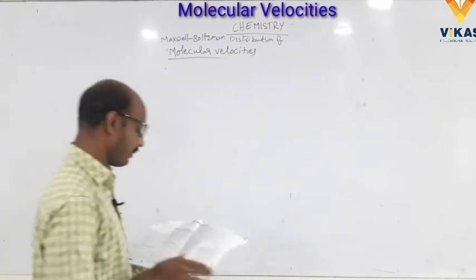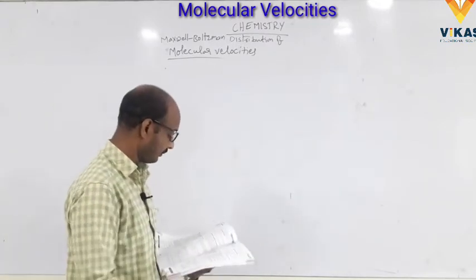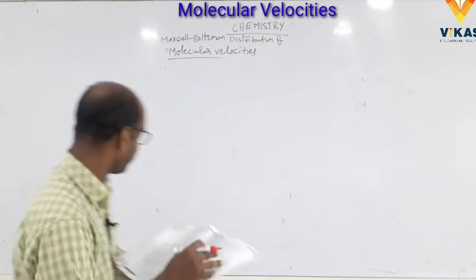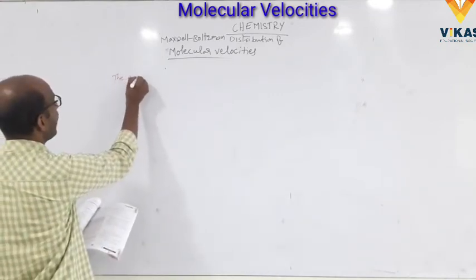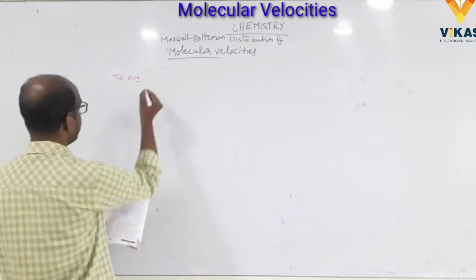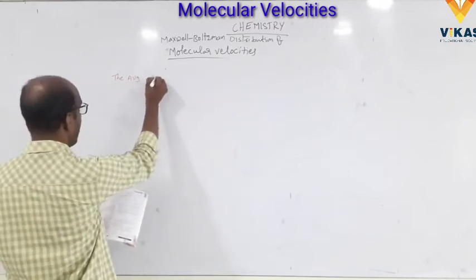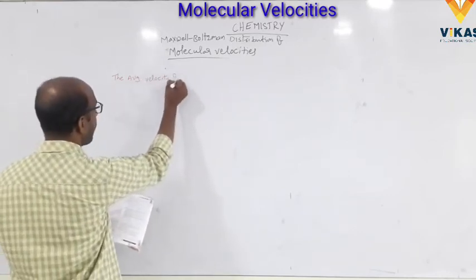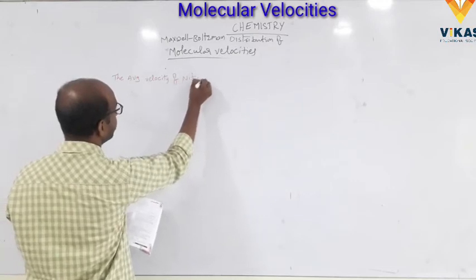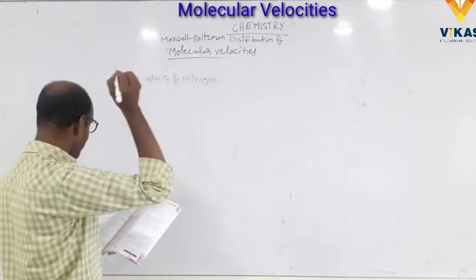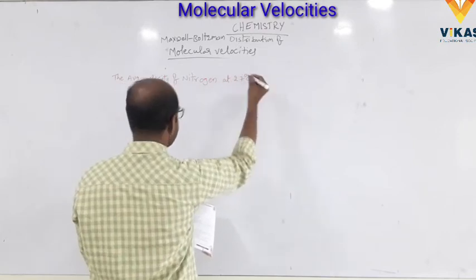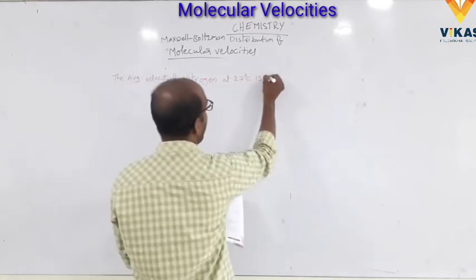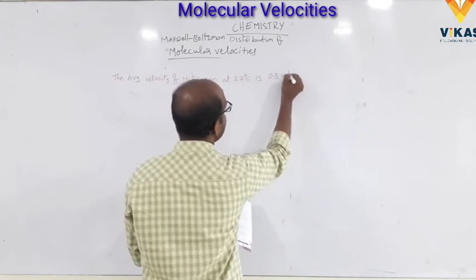Let us do a sum on these velocities. Look. The average velocity of nitrogen at 27 degrees centigrade is 0.3 meters per second.